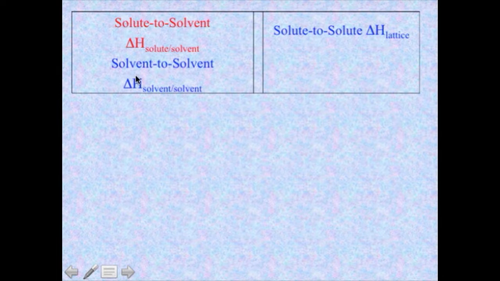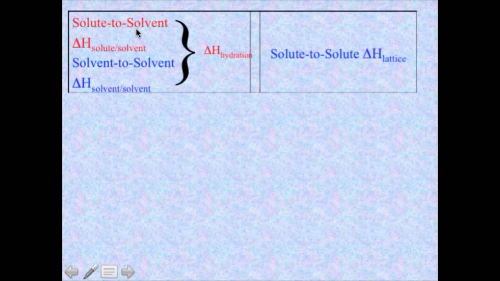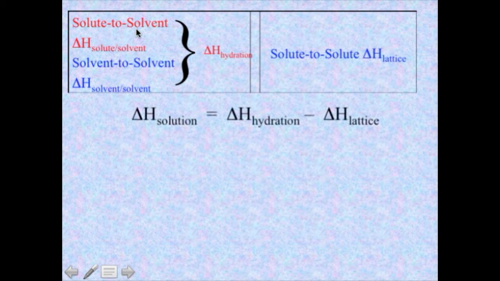So these two concepts combined give us the enthalpy of hydration. And now we only have two enthalpies to consider when we calculate the enthalpy of the solution. Enthalpy of solution is equal to the enthalpy of hydration minus the crystal lattice energy.